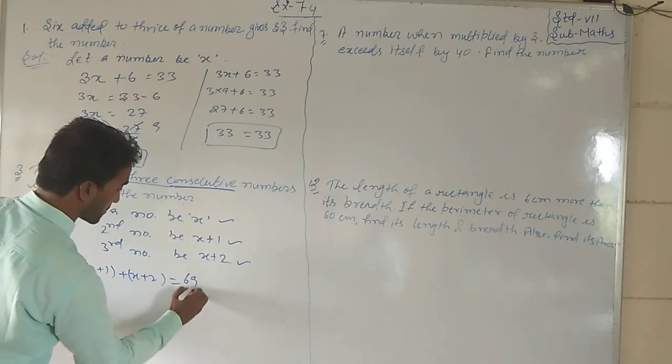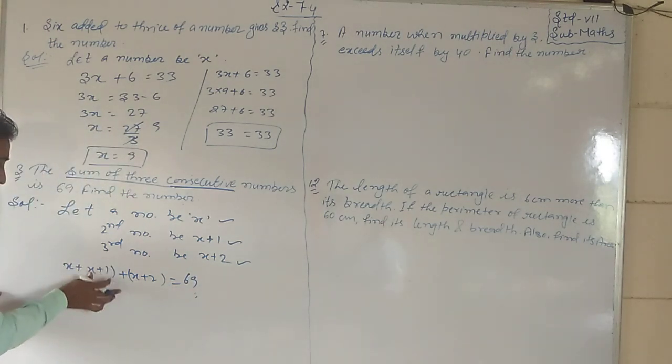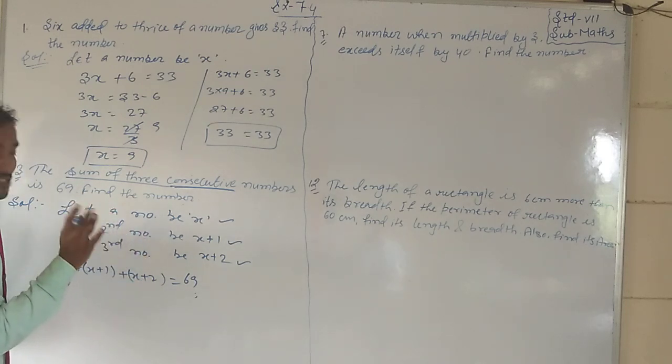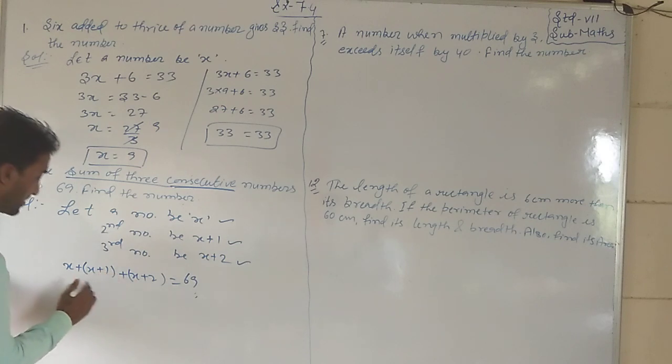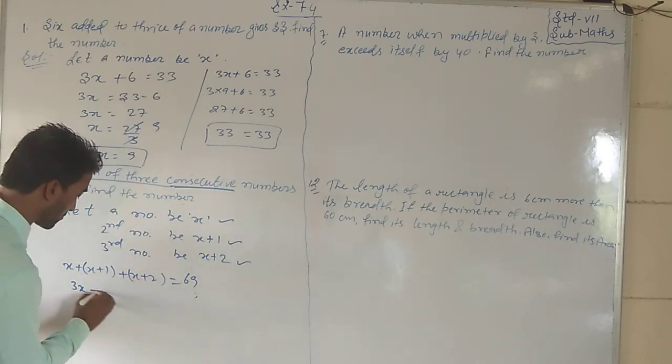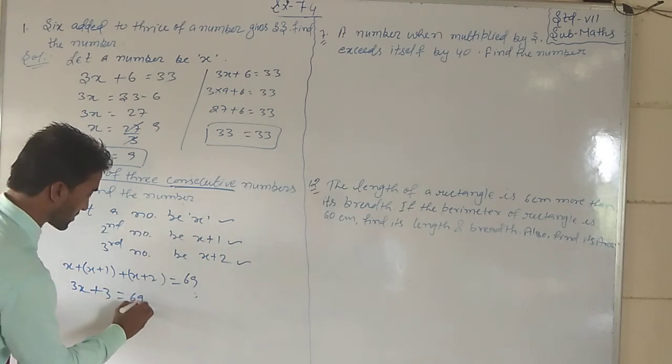That is equal to 69. Now students, we can see all are in plus, so no need to worry. Remove the brackets without any hesitation. It will be 3x plus 1 plus 2, which is 3x plus 3 is equal to 69.